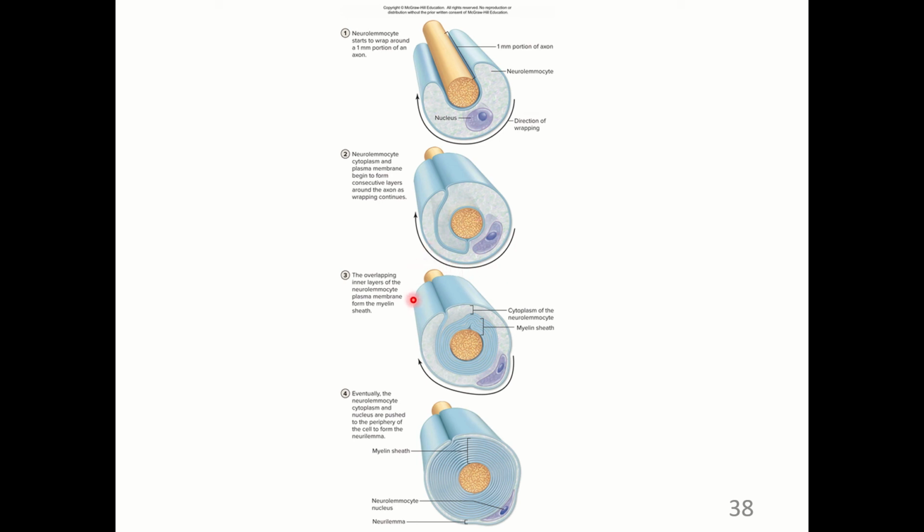In step 3, the overlapping inner layers of the neurolemmacyte plasma membrane form the myelin sheath. In step 4, eventually, the neurolemmacyte cytoplasm and the nucleus are pushed to the periphery of the cell to form the neurolemma.